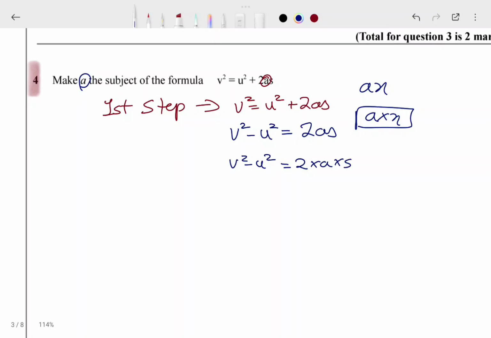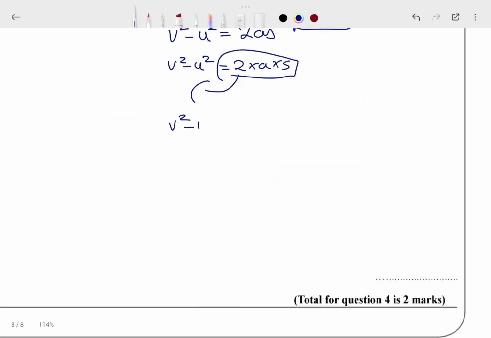Since this side is multiplying, if we shift them to the other side, it will divide. So v square minus u square is equal to 2as, and since we only want a to remain, let's separate 2s. After separating it, you get 2s times a.